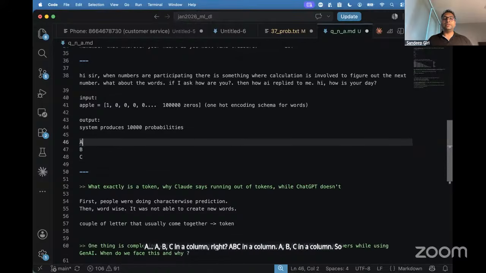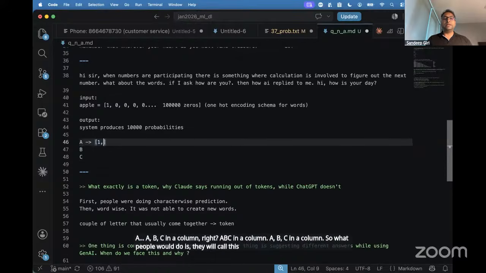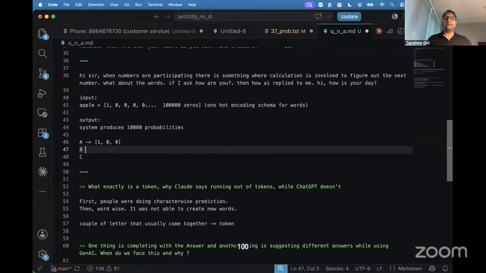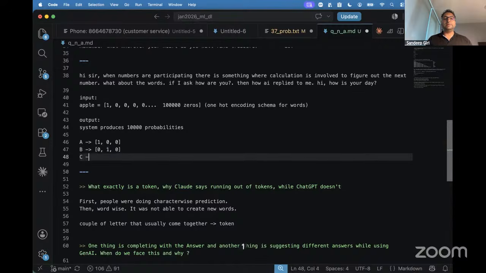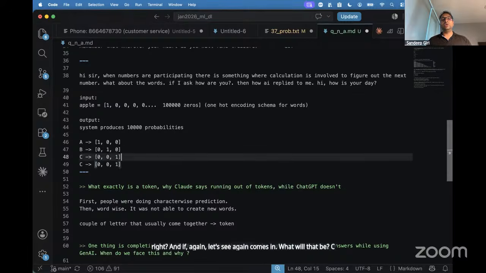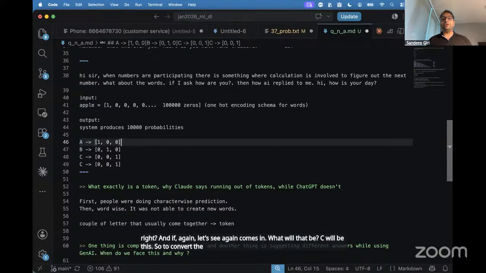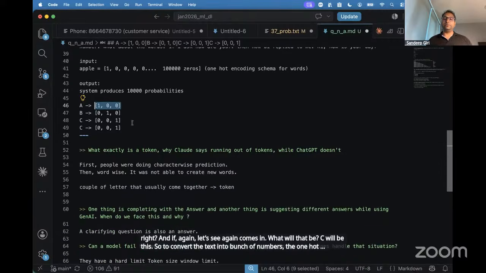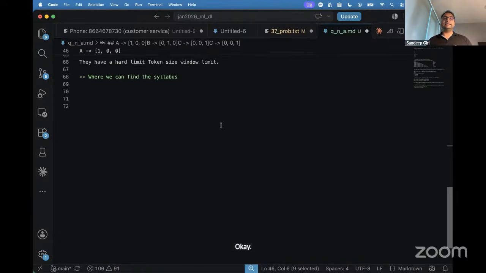What people would do is call A 1, 0, 0. B is 0, 1, 0, and then C is 0, 0, 1. And if C comes in again, it will be the same. So to convert text into a bunch of numbers, one hot encoding is the right way to do it. That's a very important thing.